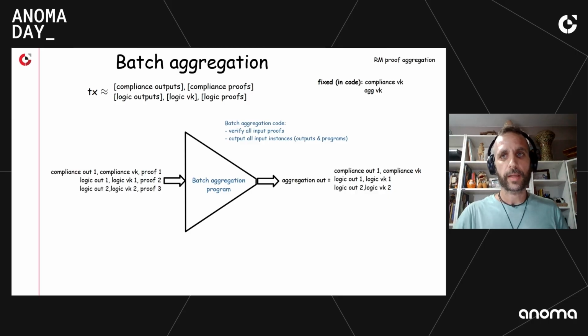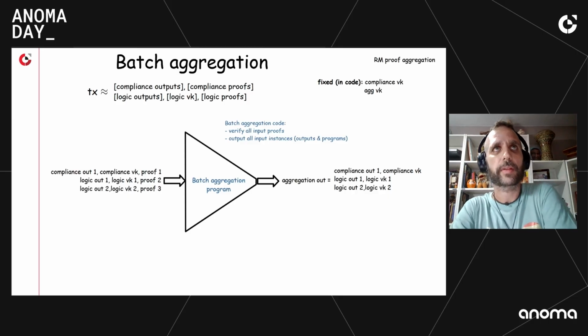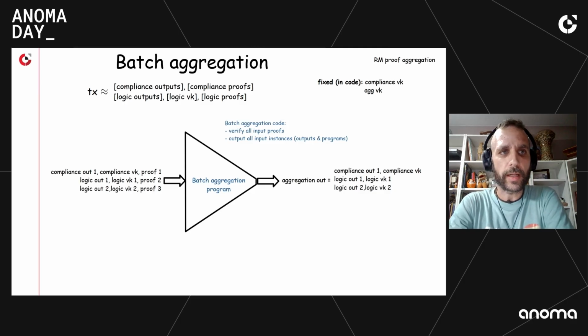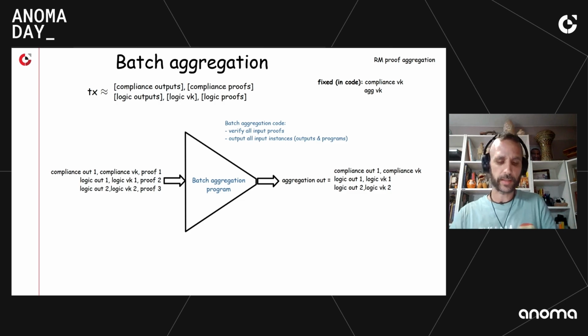There is a thing here, and that is that transactions can have a different number of proofs in them. You might think that the description of the aggregation program varies depending on the number of proofs that appear in the transaction. But this is not the case. This would be the case if we saw the aggregation program as a circuit, like the entire computational trace.